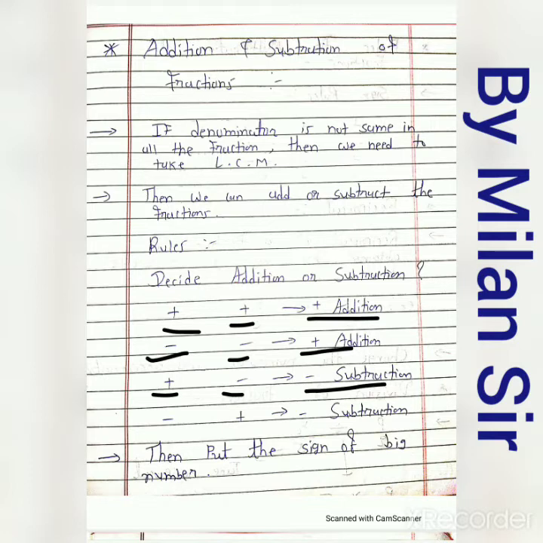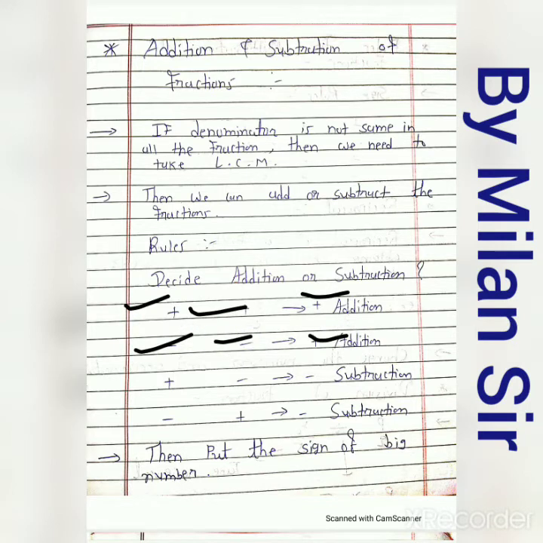If one number has a negative sign and the other a positive sign, again we subtract. So in this way we can decide whether to do addition or subtraction: plus plus addition, minus minus addition, plus minus subtraction, minus plus subtraction.